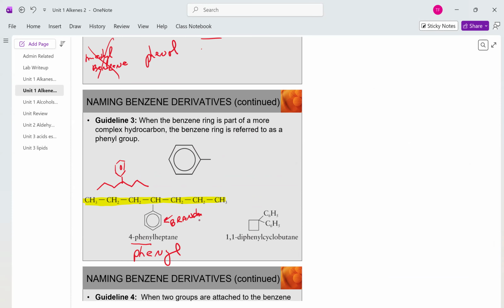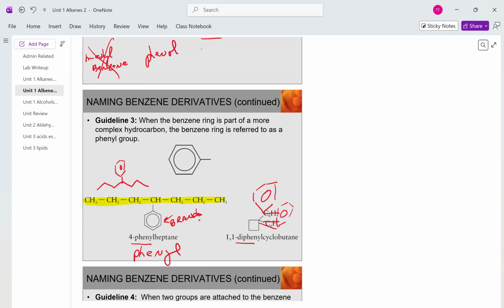I will never do this. I will always draw the benzene ring, like this here. I don't like doing the C6H5. Notice again, it's phenyl. So it's 1,1, so the phenyl group is coming off of the same carbon, so it's going to be 1,1-diphenylcyclobutane.